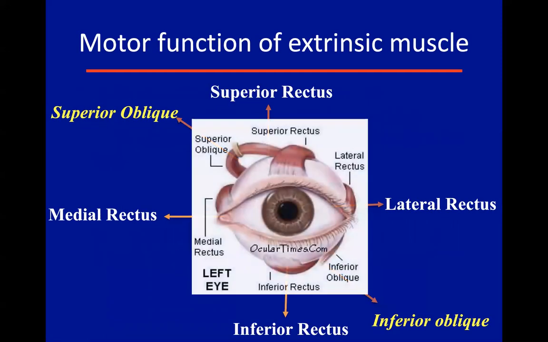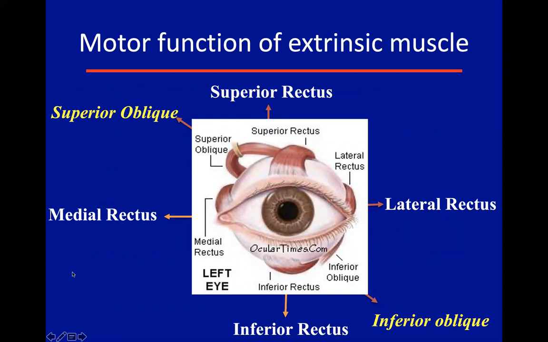So let me spend just a couple of minutes talking to you about the muscles, the extraocular muscles in the eye. There are a total of 6. Please know them. Superior rectus, inferior rectus, medial rectus, lateral rectus, and then I've highlighted the 2, the superior oblique and inferior oblique, because they're a little bit different from the others, and we're going to be showing that.